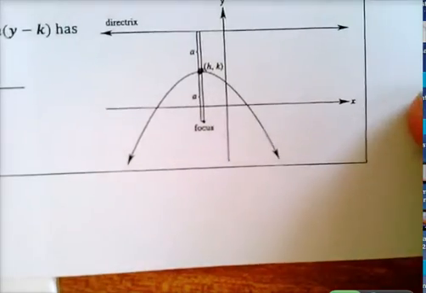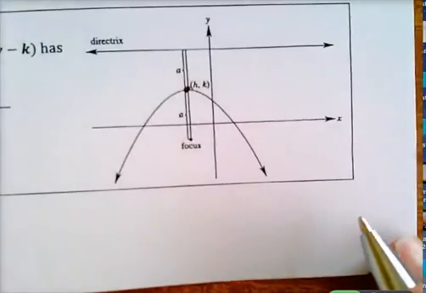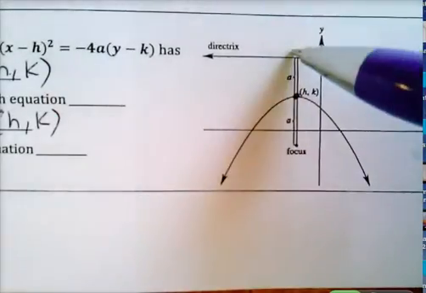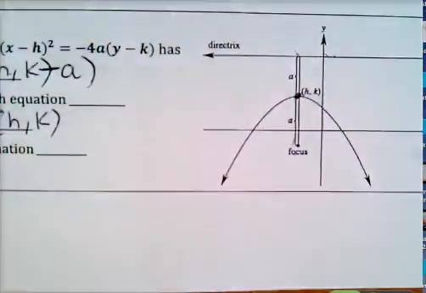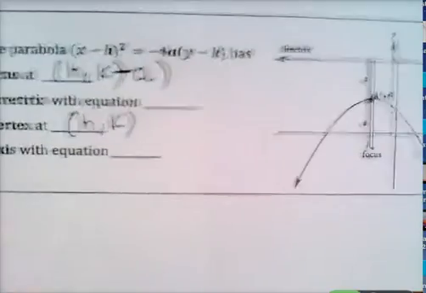Where's the focus? The vertex is (h, k). Doesn't matter if they're negative. Where is the focus? It's at (h, k minus a).